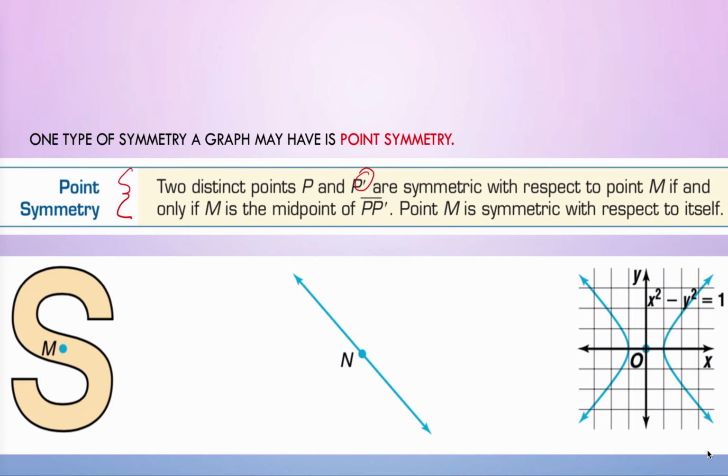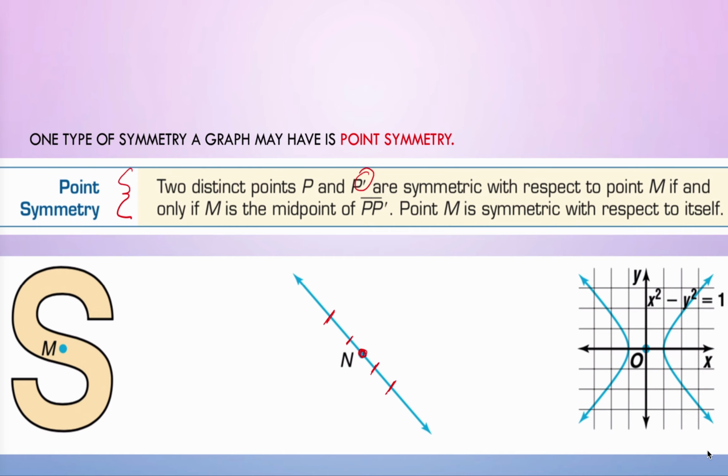What that means is that if you have some midpoint, the shape is symmetric if all the points on one side of the midpoint have a corresponding point on the other side of the midpoint. So here and here, obviously the line is symmetric.